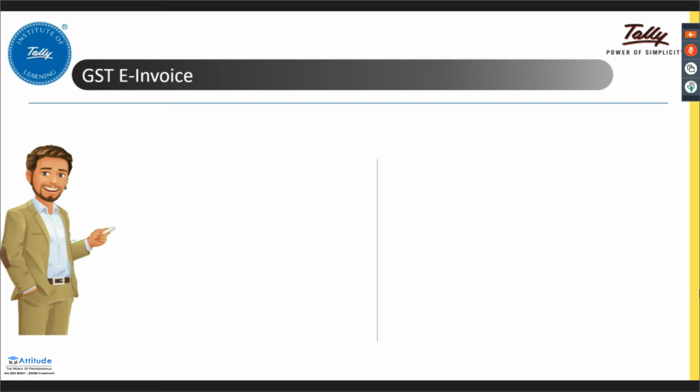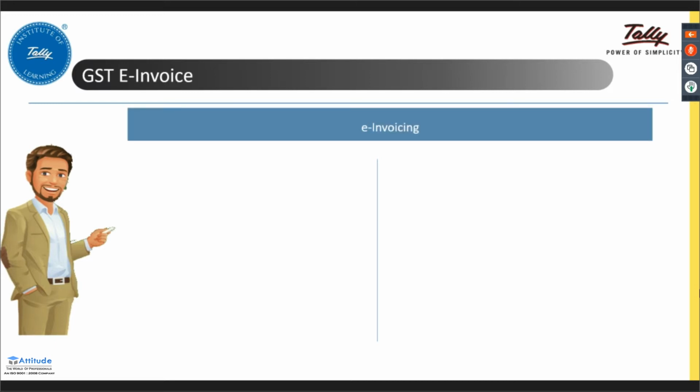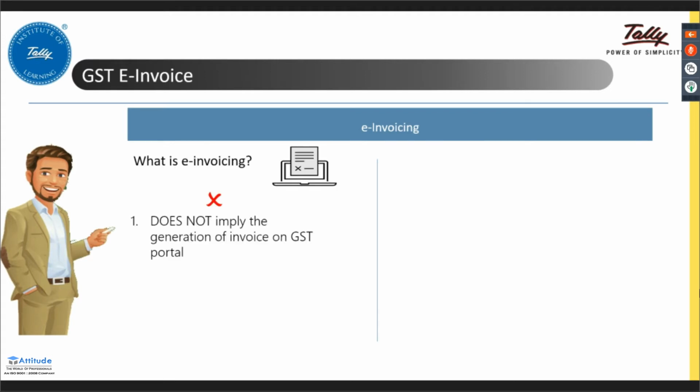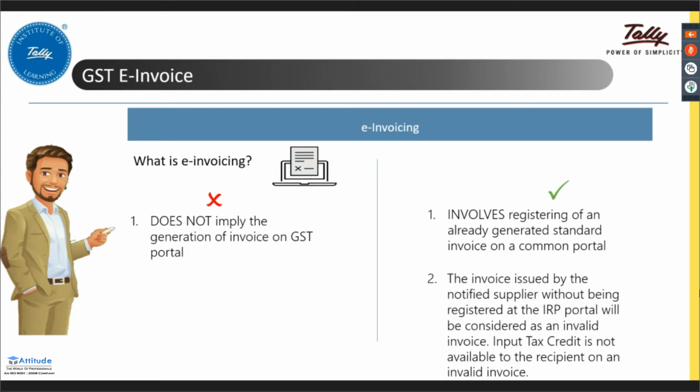Firstly, we'll try to understand what this e-invoicing is. E-invoicing doesn't mean generating the invoice on the GST portal. No, we are not generating any invoices from the GST portal. Then what is e-invoicing? E-invoicing involves registering an already generated standard invoice on a common portal.